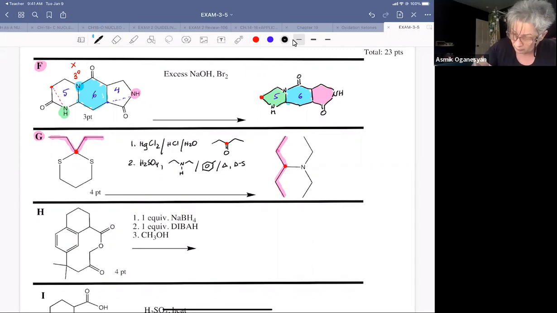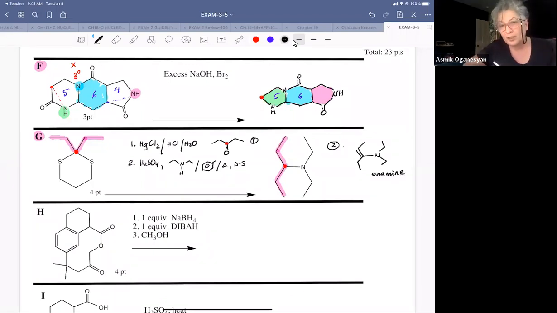Okay. And for step number 2, I'm going to put it here aside. We will be forming an enamine. And then to fully reduce the product, we're going to use catalytic hydrogenation over palladium catalyst.